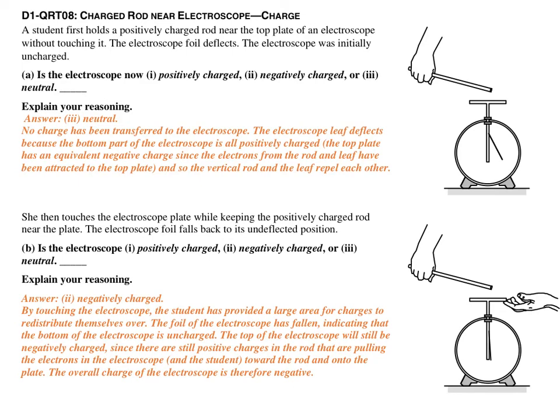It went from being positive to not. So it equalized. It got to a neutral standpoint. Now, there's a reason for that. That positive rod above the plate is still pulling electrons up. And there's only so many electrons that could be transferred to the electroscope in the first place. It has a limited capacity to store charge. All right? Any questions on that part, part B?